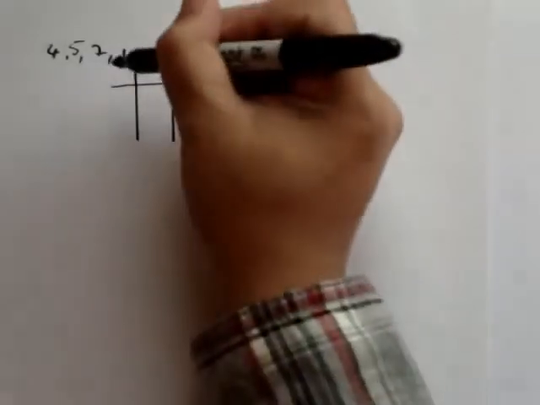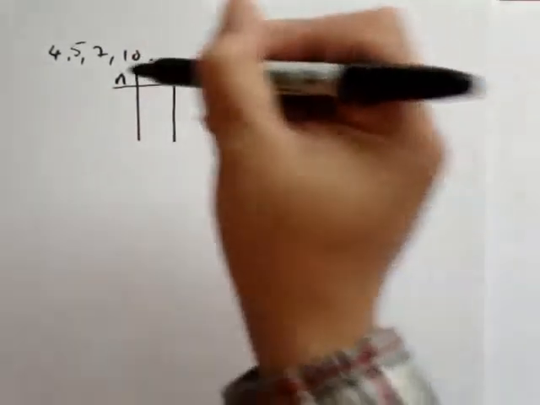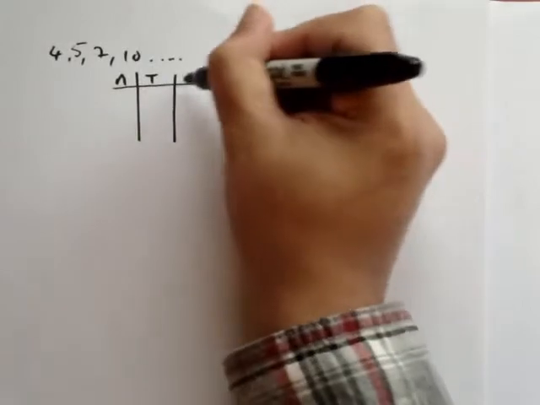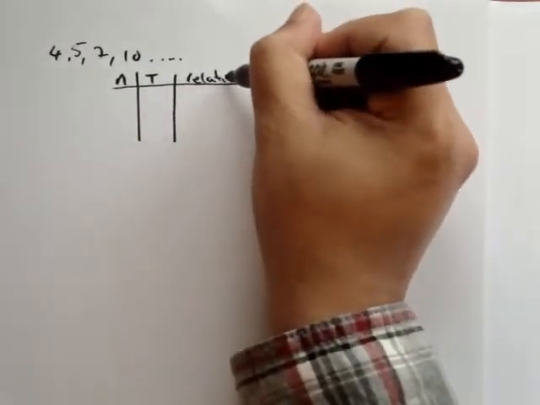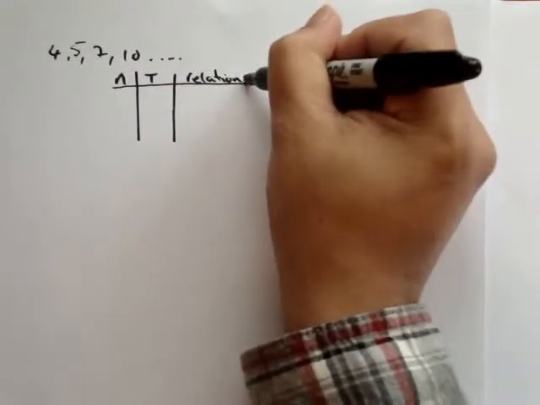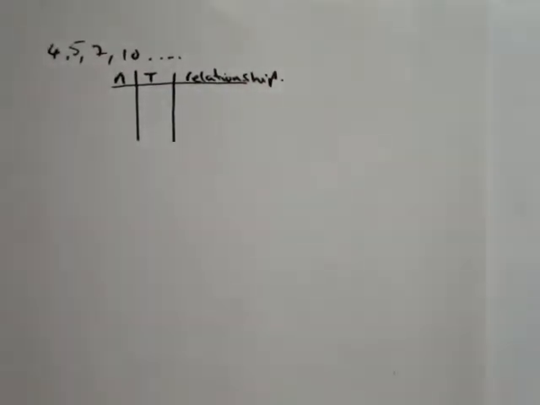In the first column we have n, in the second column we have t, and then the relationship to the previous number.